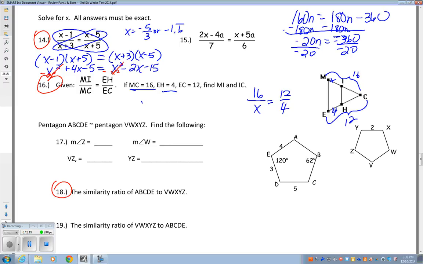No, she said 16 over 3, but I thought she was talking about the ratio, but this is the answer, which is right, 16 over 3. This is for MI.